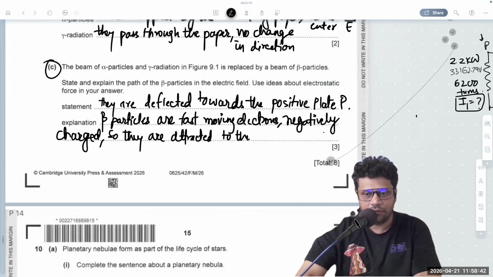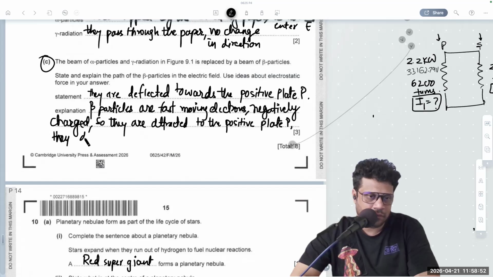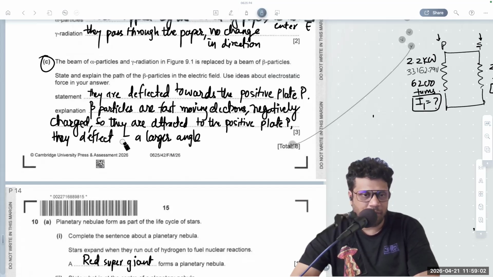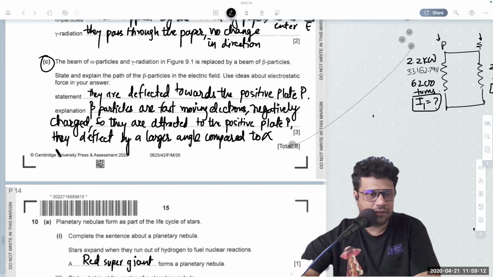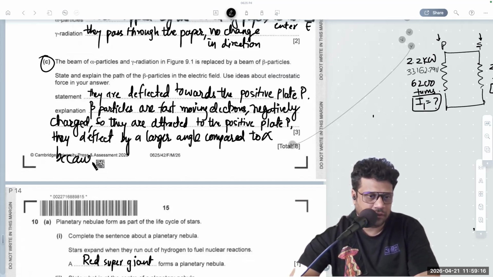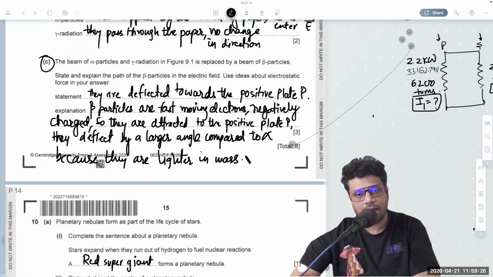They're attracted to the positive plate P. They deflect by a larger angle compared to alpha particles because they are lighter in mass comparatively. That's one way I would like to keep it.